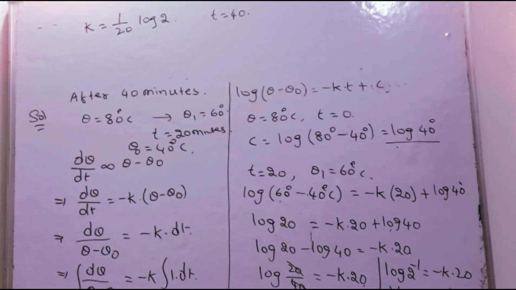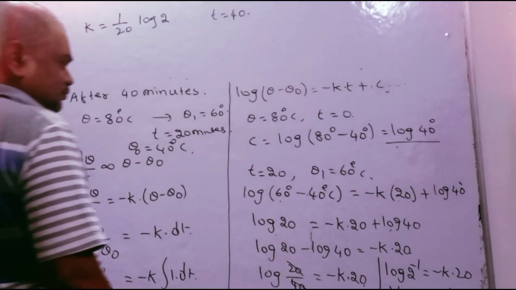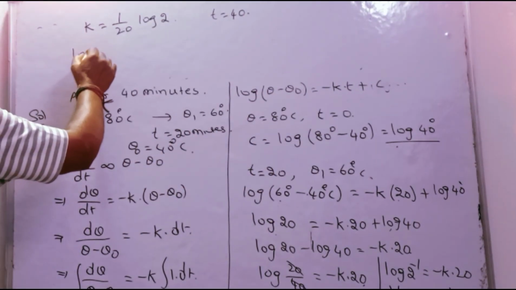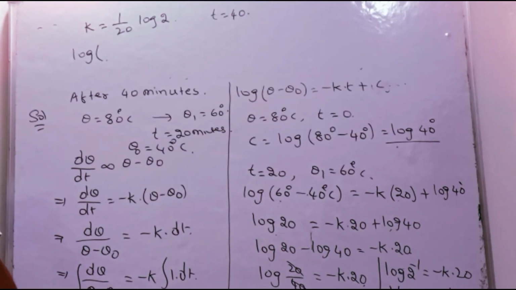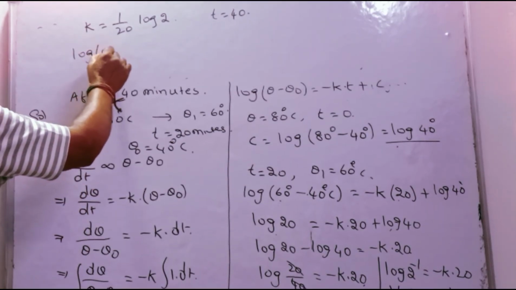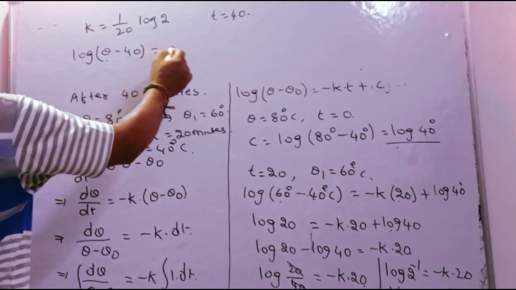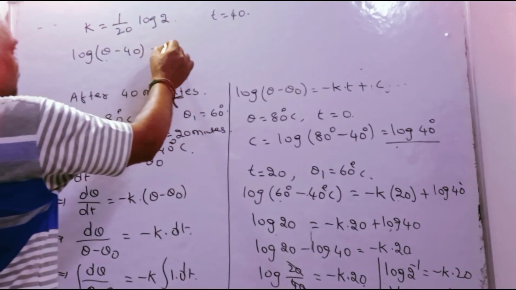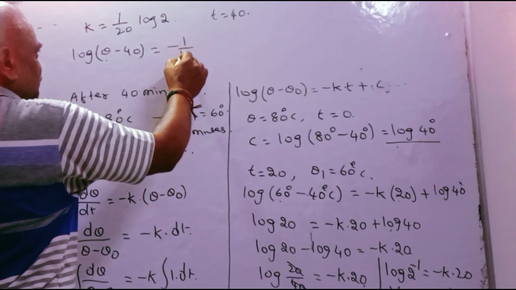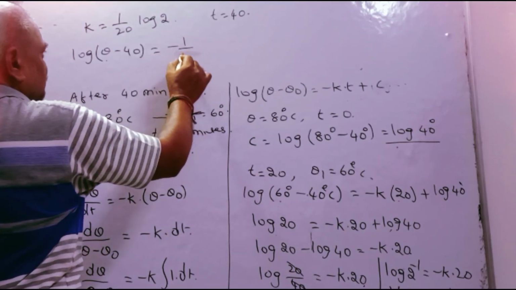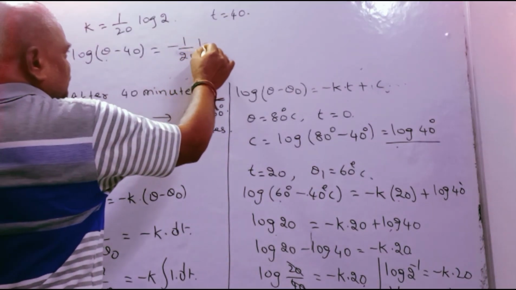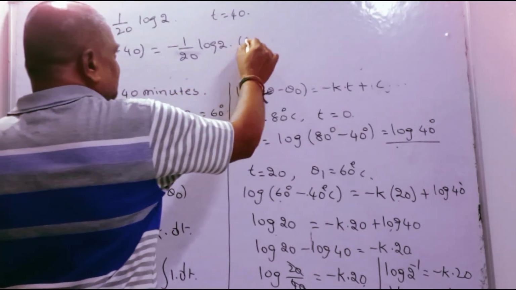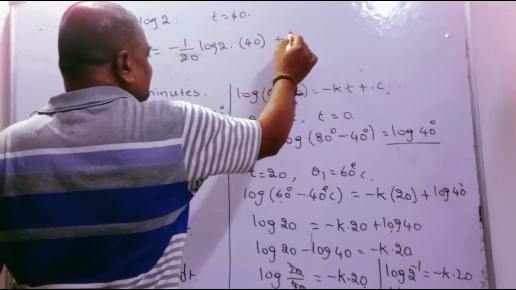Substituting in this one, log of theta minus 40 equal to minus 1 by 20 into log 2 into t, which is 40, plus c.